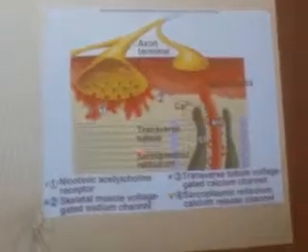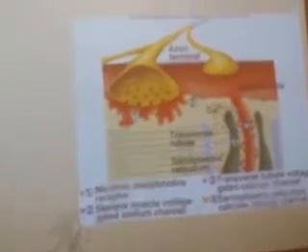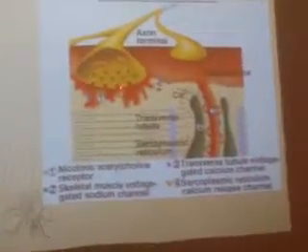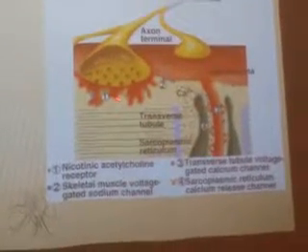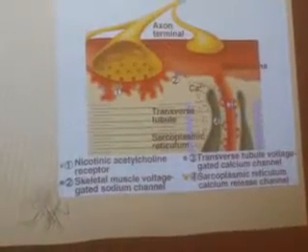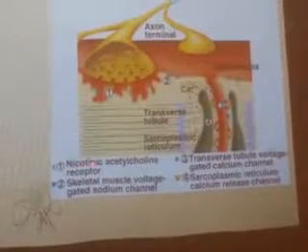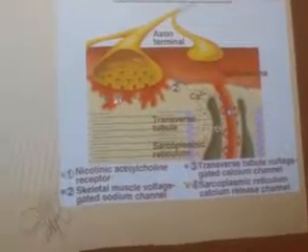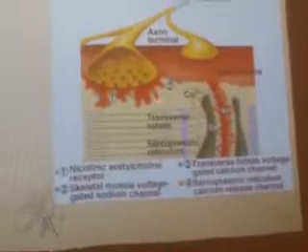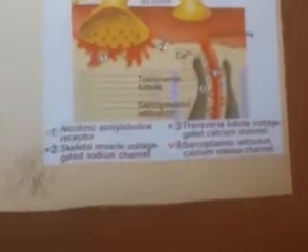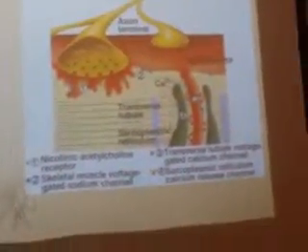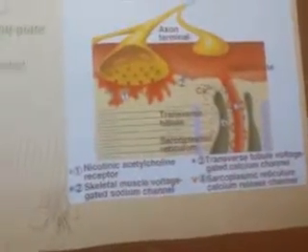Same thing here. You can see the axon terminal. Acetylcholine is released, then acetylcholine binds to the receptors, the nicotinic acetylcholine receptors. This is the skeletal muscle voltage gated sodium channel. So sodium diffusion produces the end plate potential.